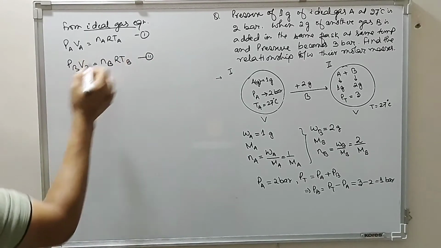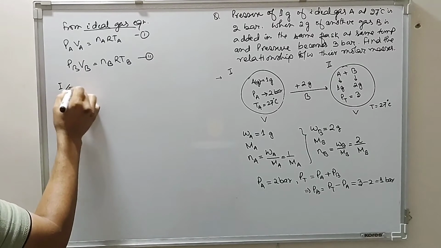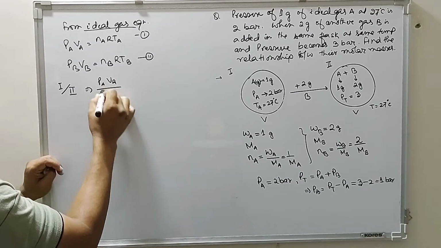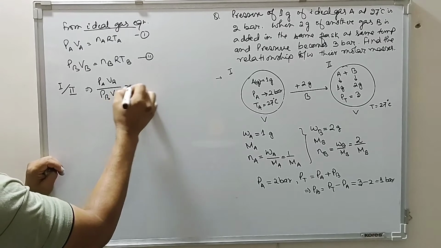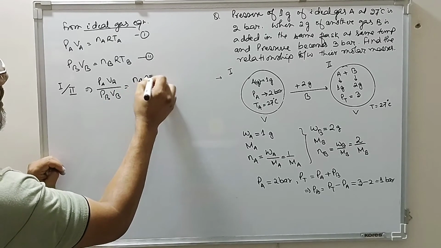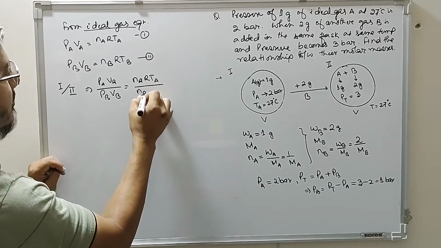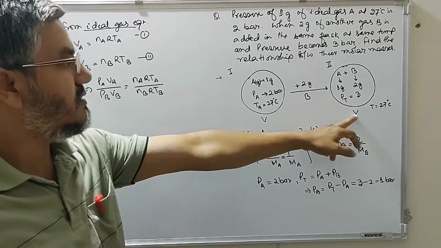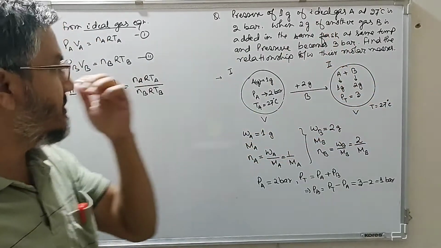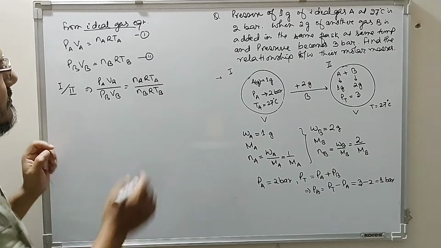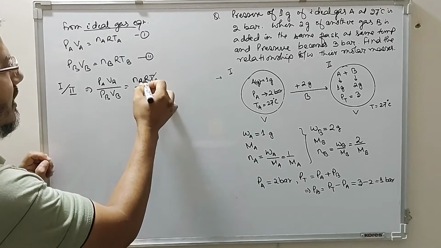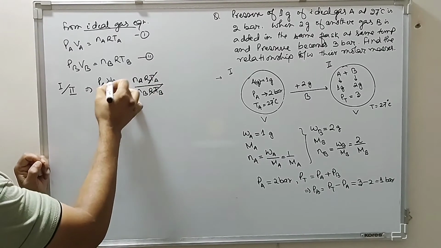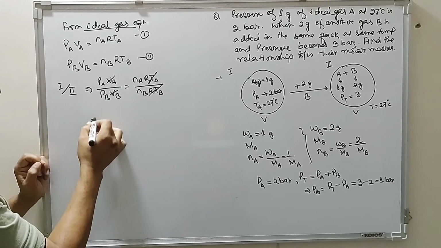Now taking this ratio, dividing A by B, we have PA VA divided by PB VB is equal to nA R TA divided by nB R TB. If you look at this, volumes are the same, temperatures are the same. So since temperature is the same, TA and TB will cancel out. R is a constant, so both cancel out. Volumes VA and VB are the same. So therefore we have this ratio.